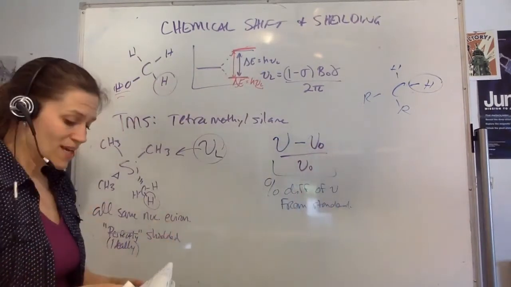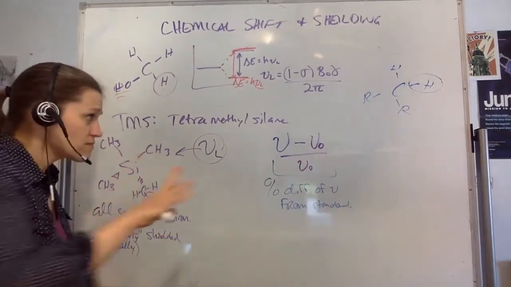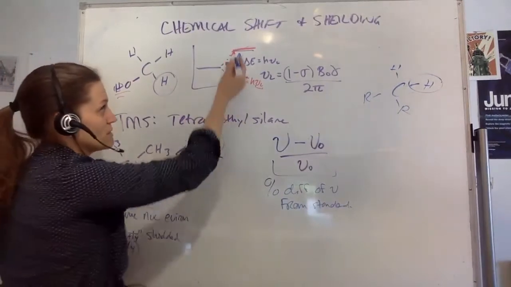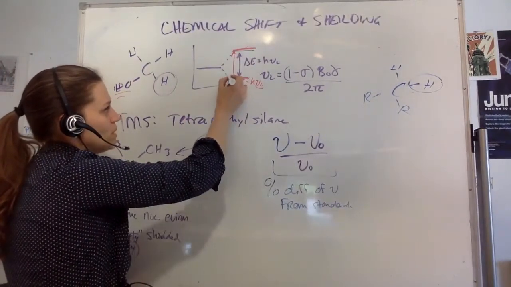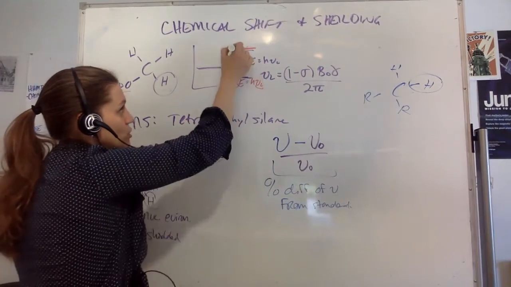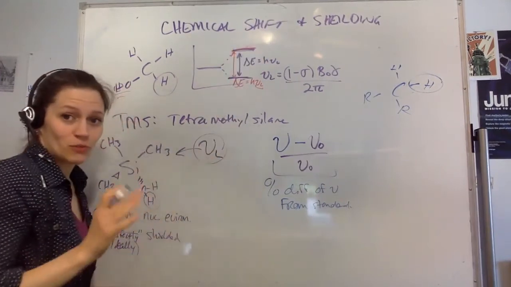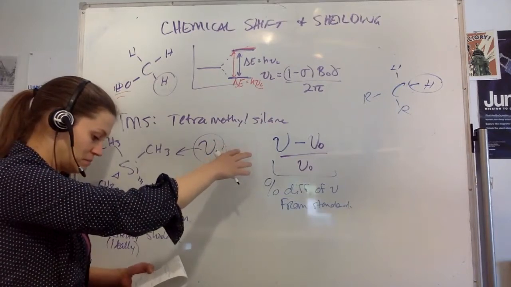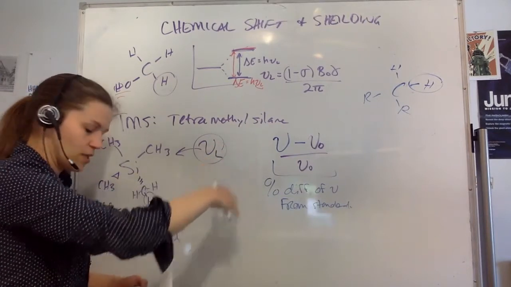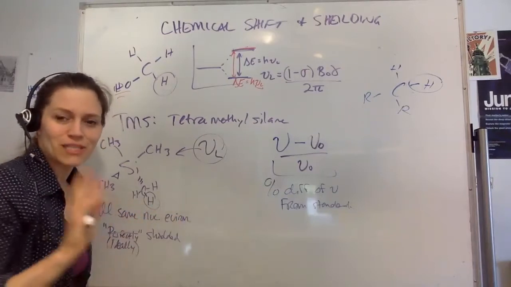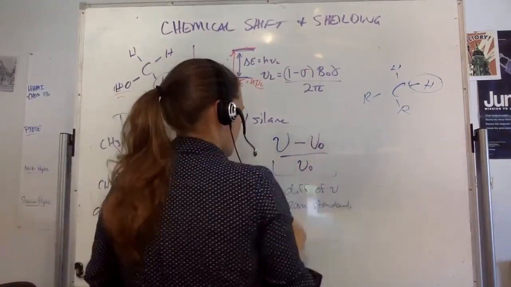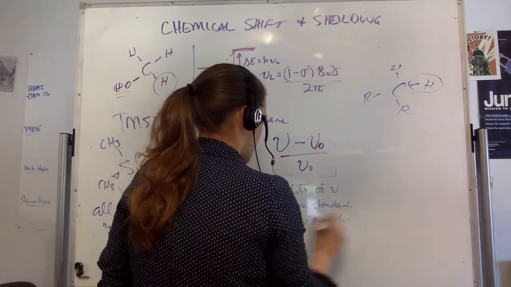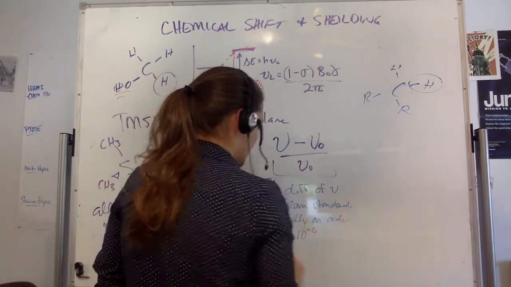The kicker though is that this is so teeny tiny. So TMS is, say, the purple line, and then now I've got my blue line. It is so small that this is typically on the order of 10 to the minus 6.